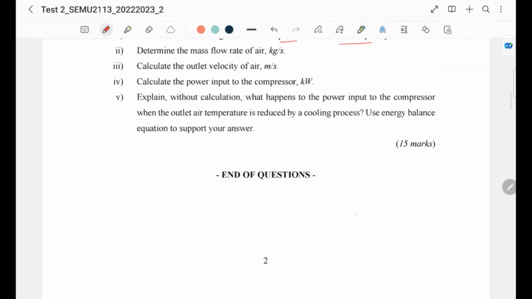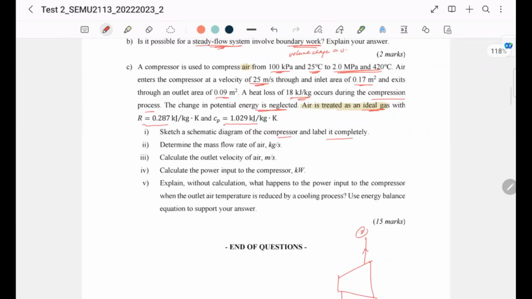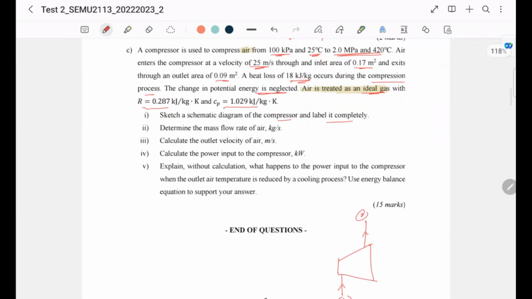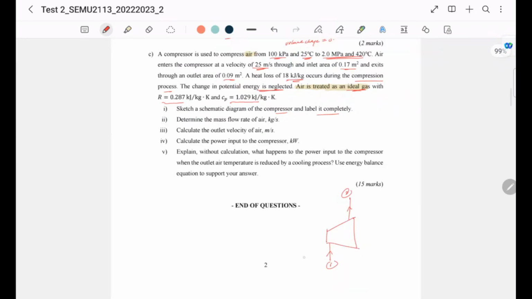So we draw the compressor that looks like this. Flow goes in here, out from here. This is state number 1, state number 2. Inlet pressure 100 kilopascal, and velocity.